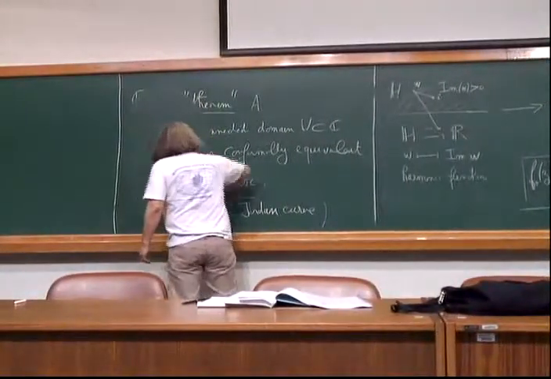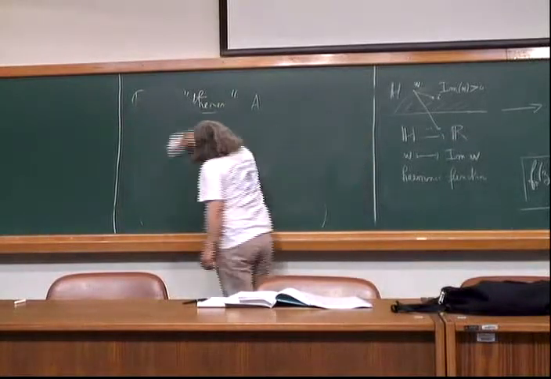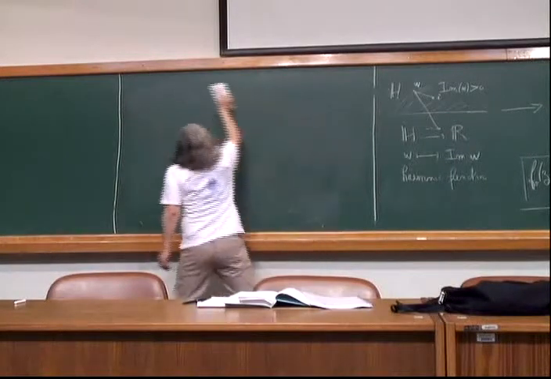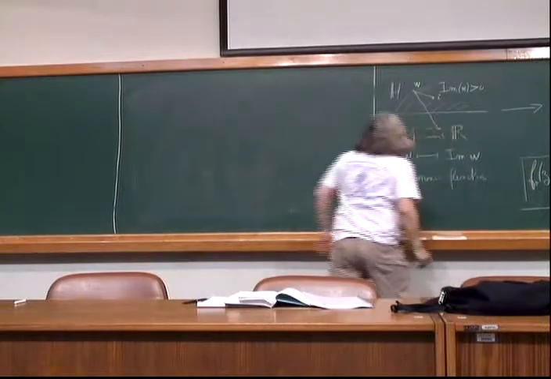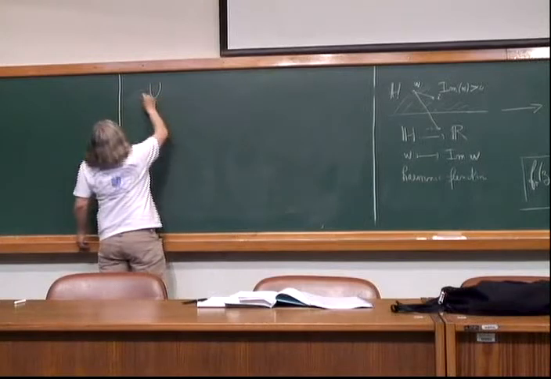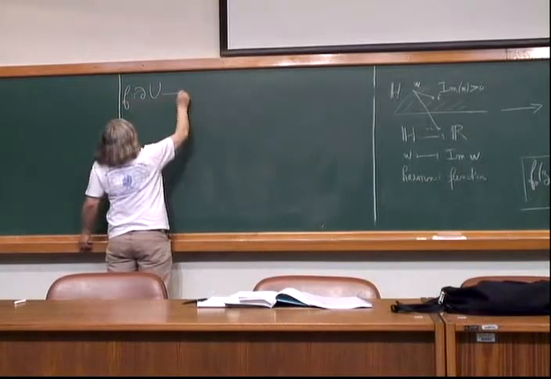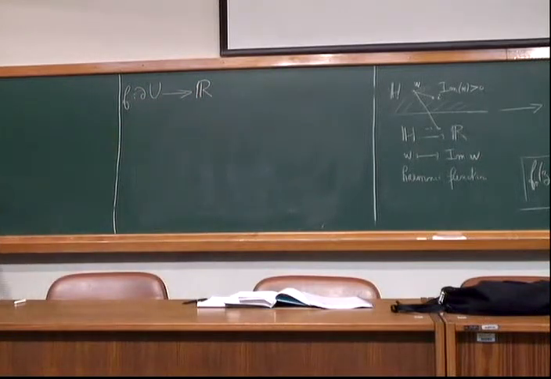the way Riemann was thinking about solving this Dirichlet problem. So Riemann says, okay, I'm given some domain U. I'm given a function f on the boundary, which is supposed to be a smooth curve.